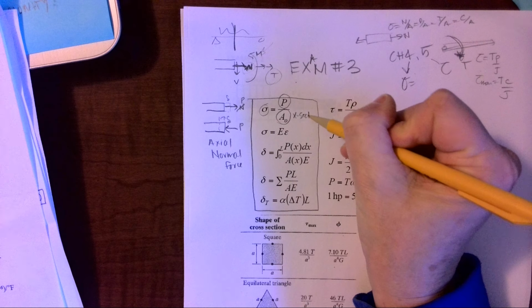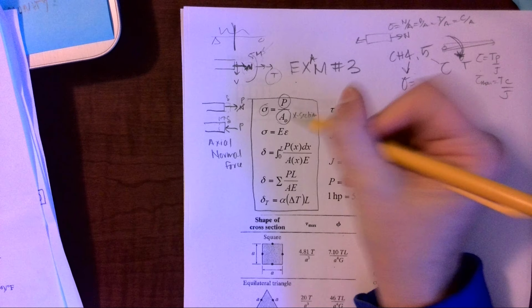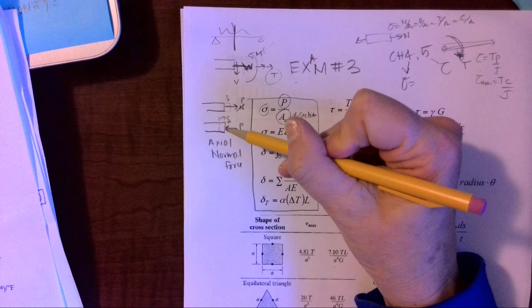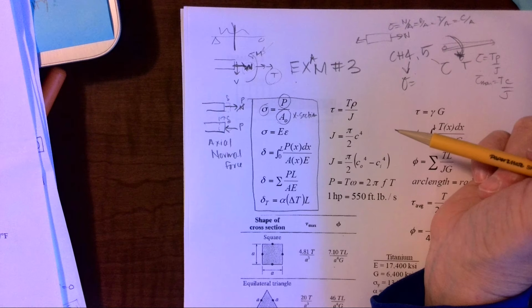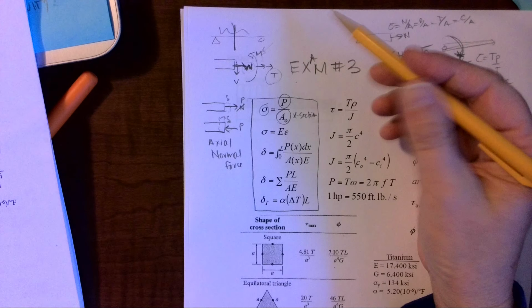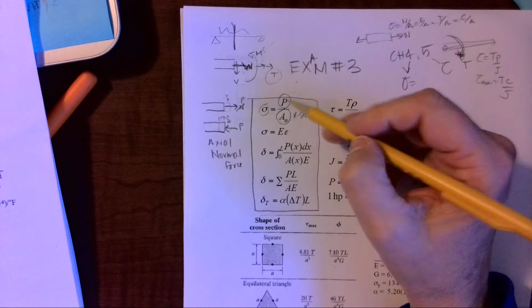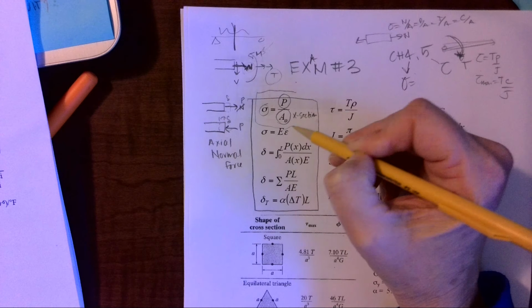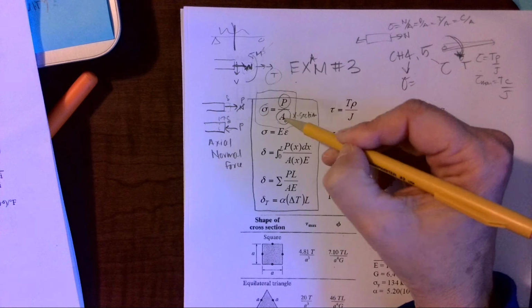And we need to remember it's the original cross-sectional area. As we pull on or push on, we're also changing that cross-sectional area, but hopefully we're in the elastic zone of our material behavior. So we just are going to use that original cross-section. This is just force and geometry, internal force and cross-sectional geometry.